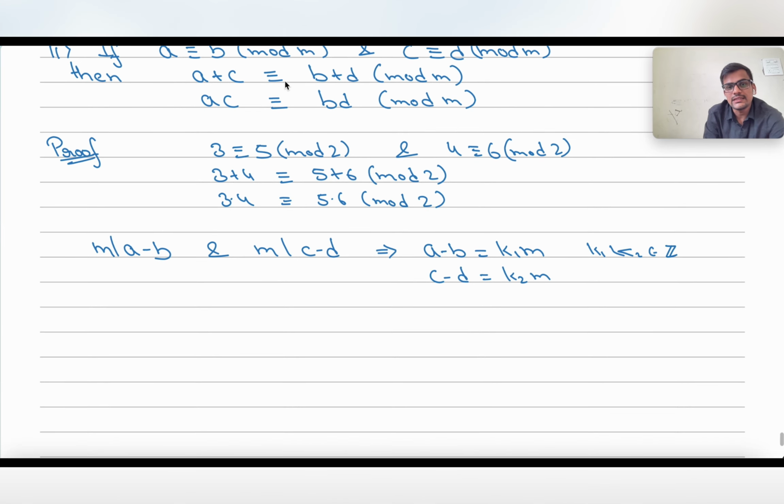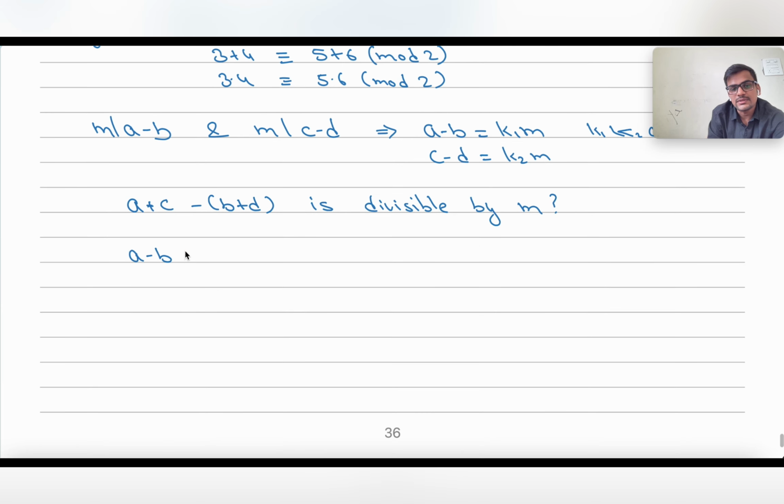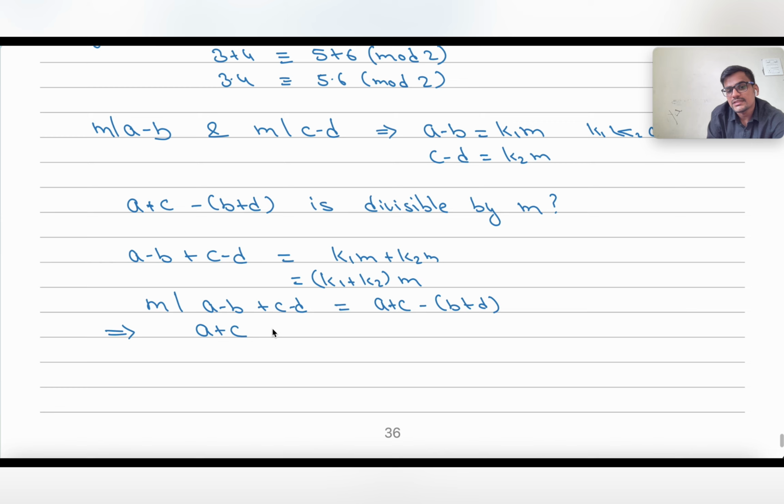We need to prove that A plus C is congruent to B plus D. For this, we need to show that (A plus C) minus (B plus D) is divisible by M. This is A minus B plus C minus D, which is k1 M plus k2 M, that is (k1 plus k2) M. So it is a multiple of M, meaning M divides A minus B plus C minus D, which is A plus C minus B plus D. This implies A plus C is congruent to B plus D modulo M. So this is the proof for addition.